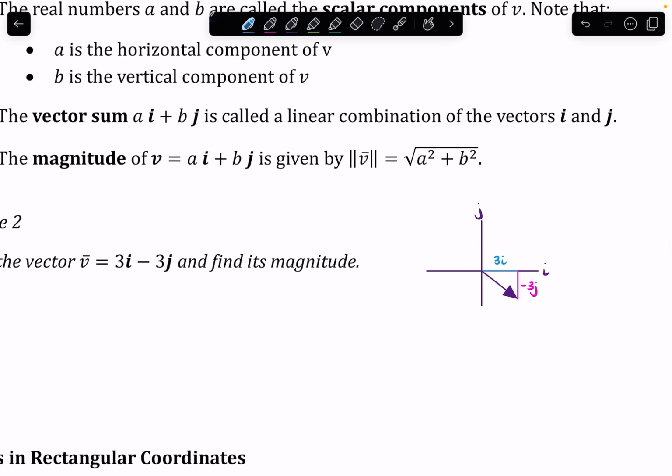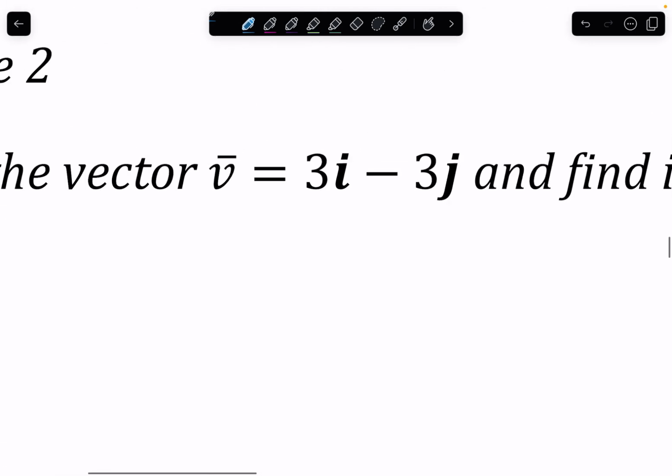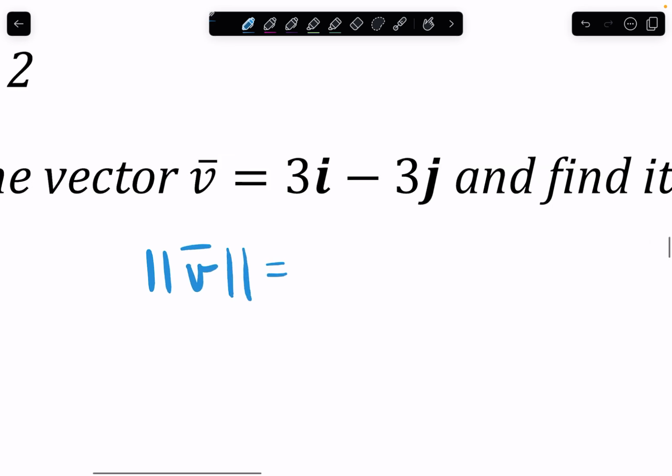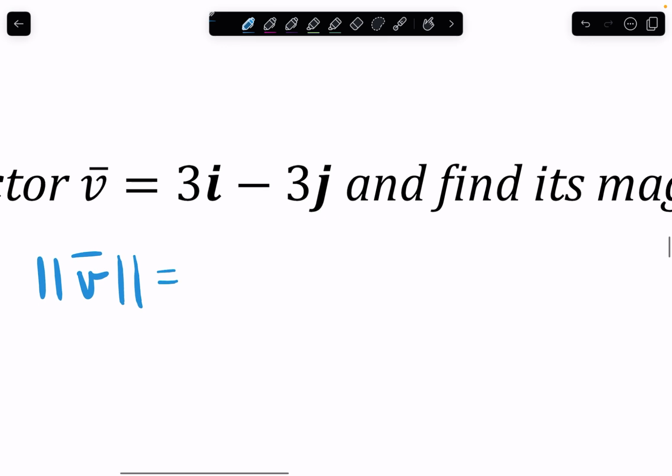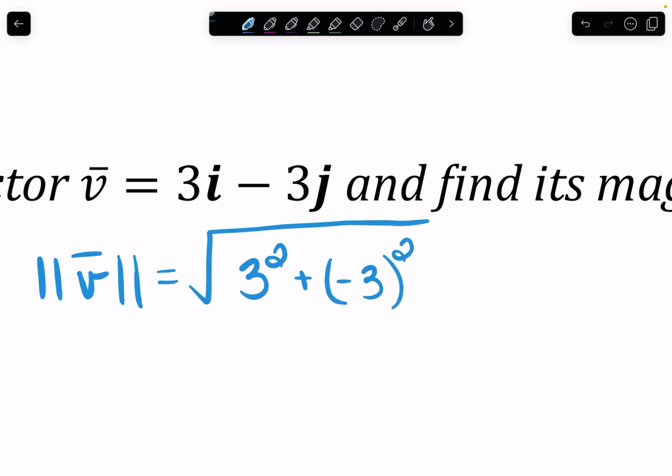All right, magnitude. Magnitude, kind of like the distance. So when we write it in terms of i and j, it's very Pythagorean theorem-ish. It is Pythagorean theorem. So the magnitude of vector v is the i portion squared, so the a, 3 squared, plus the j portion, or b squared, square rooted.